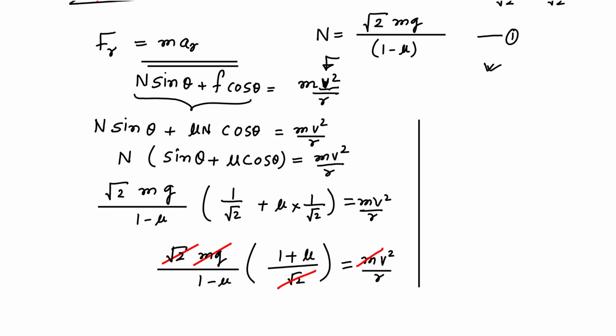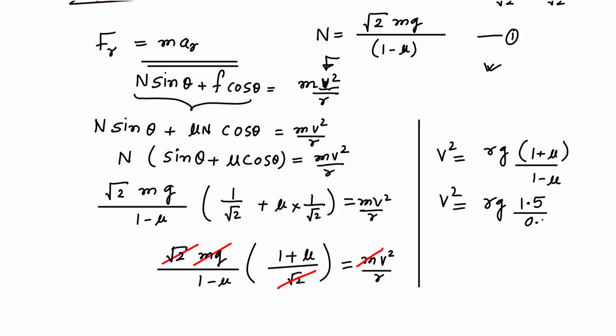So we will have v square is equal to rg (1 plus mu) divided by (1 minus mu), and mu is nothing but 0.5. So v square is equal to rg times 1.5 divided by 0.5. So v square is equal to 3 rg, and v is equal to under root 3 rg.